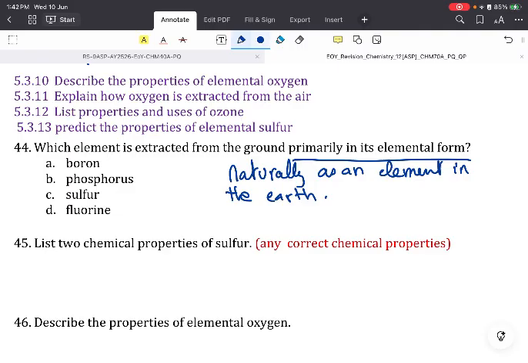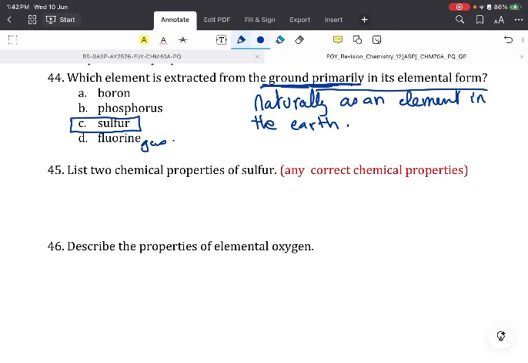Phosphorus as well. Fluorine does not exist as F2 in the elemental form; we have to purify it. But sulfur, we can find it in mines underground. Fluorine is a gas, it's not underground. So sulfur is found on earth in its elemental form.